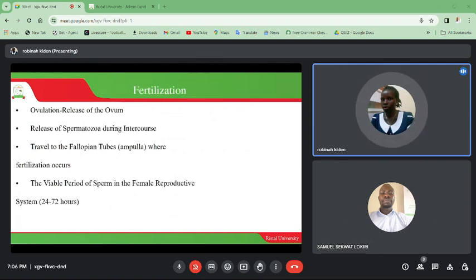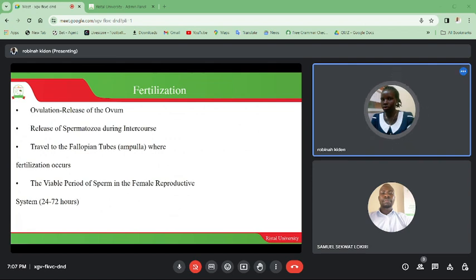So, what is fertilization? When we talk about fertilization, we basically mean the union between the spermatozoa of the male and the egg or the ovum of the female. In this case, it involves ovulation, which is the release of the ovum.